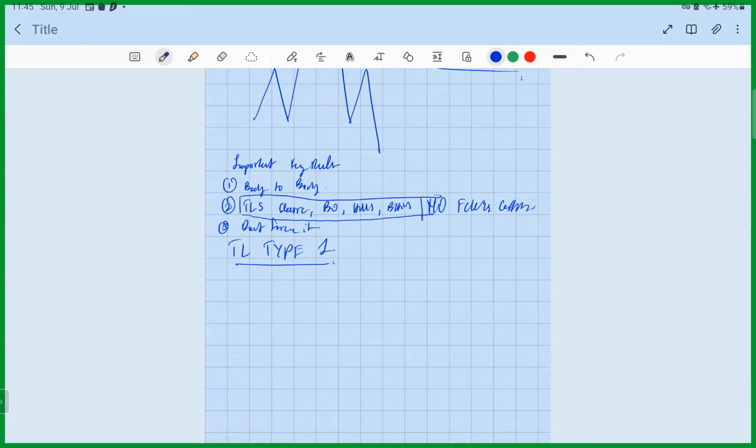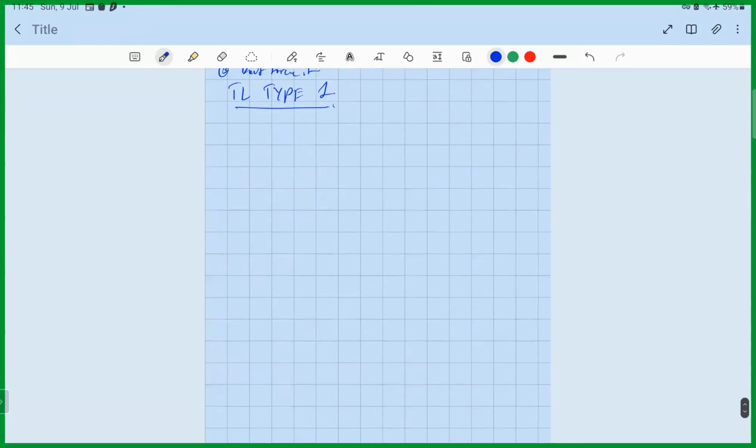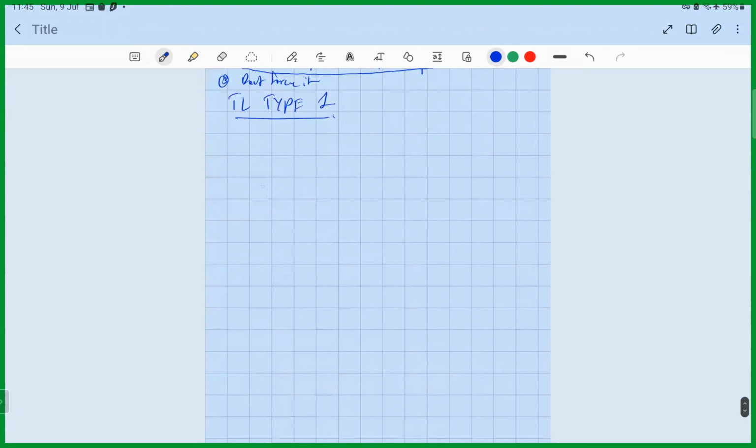Alright. Next, TL type 1. It's your average trend line. First point, second point, entry. Trend lines are not used to measure the trend.